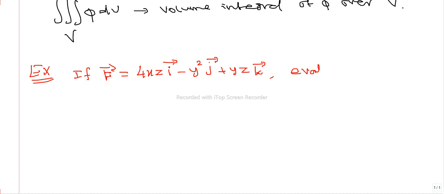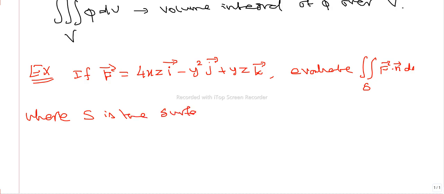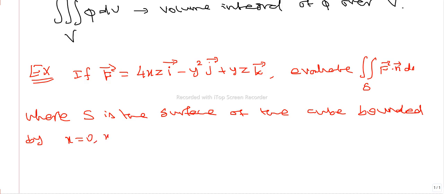Evaluate the double integral over S of F dot n dS, where S is the surface of the cube bounded by x equal to 0 and x equal to 1, y equal to 0 and y equal to 1, and z equal to 0 and z equal to 1.